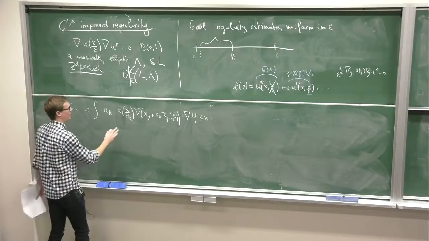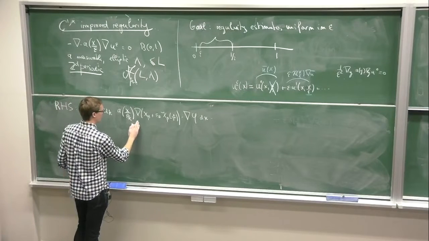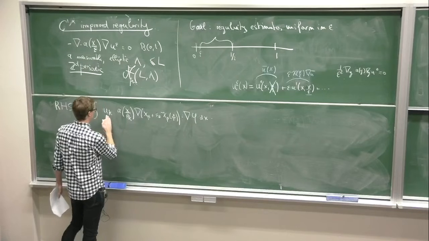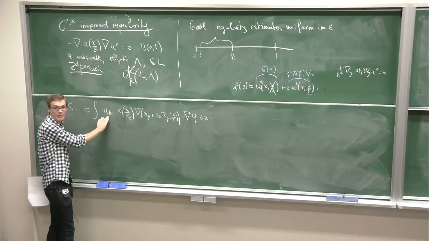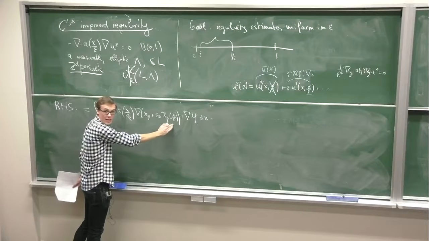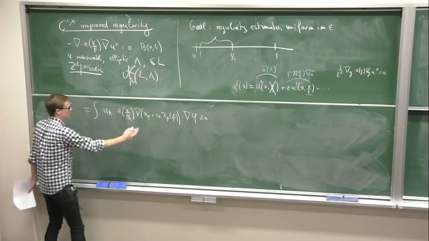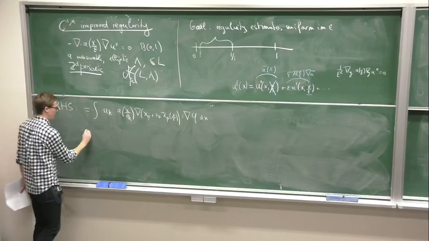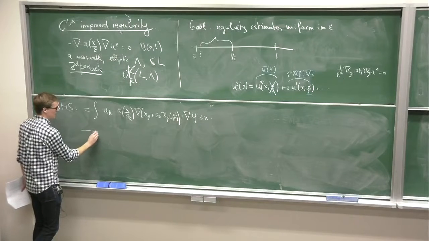And this now you can use the fact that u k converges strongly and this converges weakly. So it's strong times weak convergence, so you get the convergence.